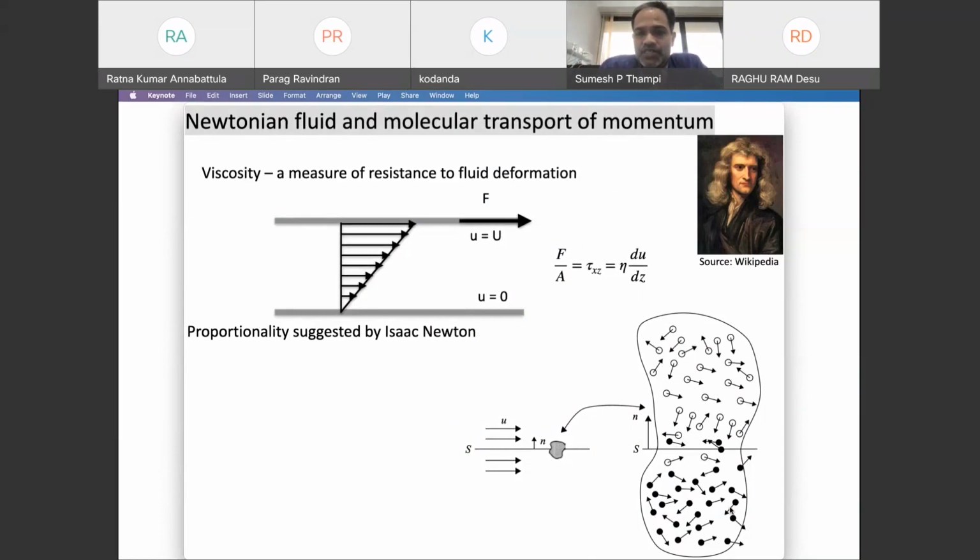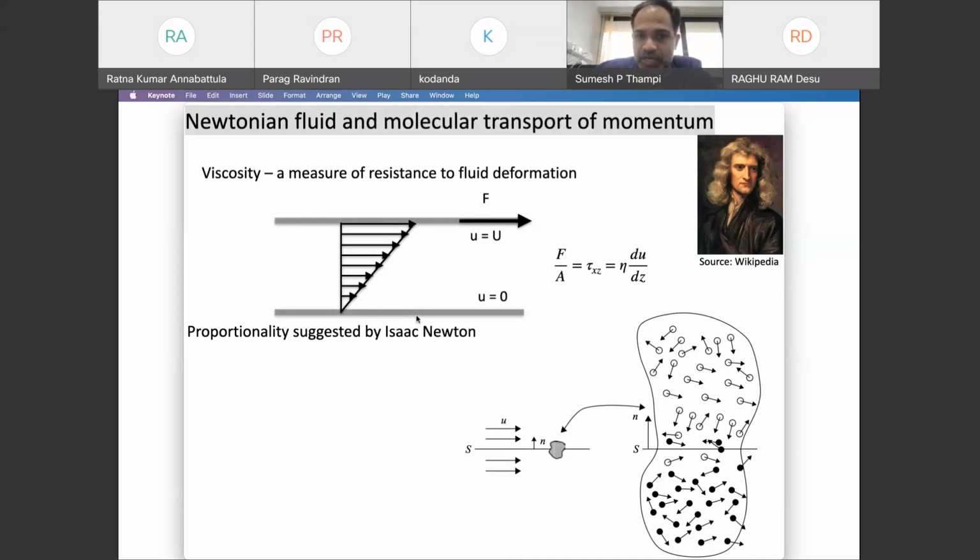Let's look at what we know about the flow of normal liquids. Say you take water and put it between two plates. The way you would have learned the definition of viscosity is that you apply a stress or a force on the top plate. You try to move it with a certain velocity, and as a consequence the fluid between the plates moves.